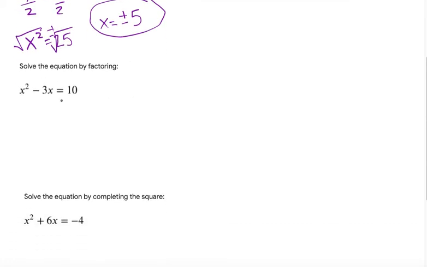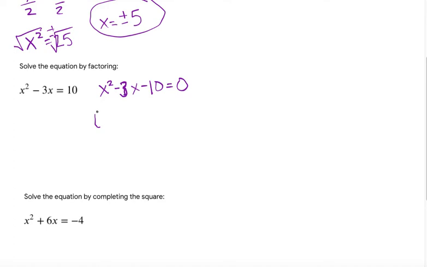To solve this one by factoring, that's putting them into binomials, you have to get 0 on one side. So I'm going to rewrite this as x squared minus 3x minus 10. Make sure you're subtracting 10 so that you have a negative 10 on this side.